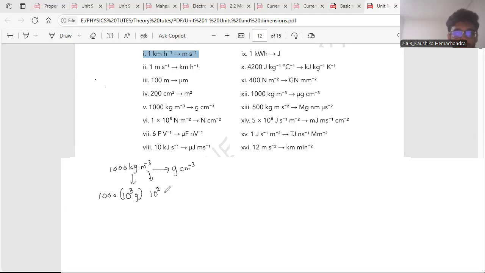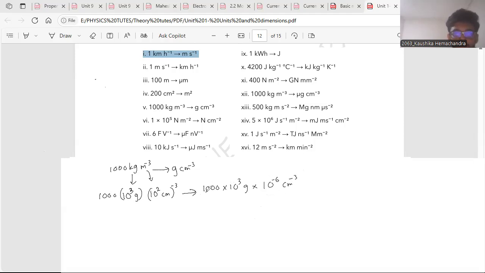1 meter is 10 to the power 2 centimeters, into 10 to the power, sorry, 10 to the power minus 3, right? So 1000 into 10 to the power 3 grams into 10 to the power 2 into minus 3, that's minus 6 per cubic centimeter. Minus means per cubic centimeter.